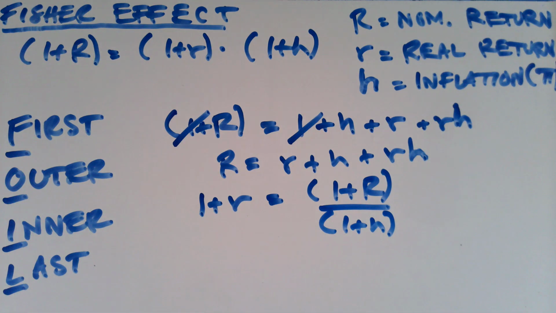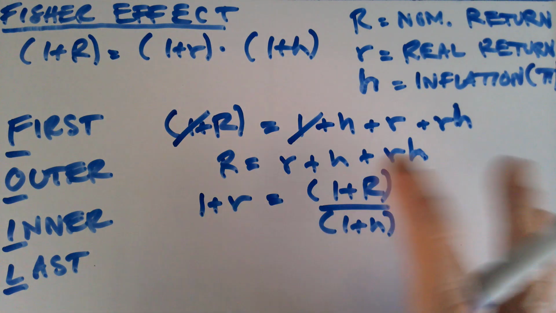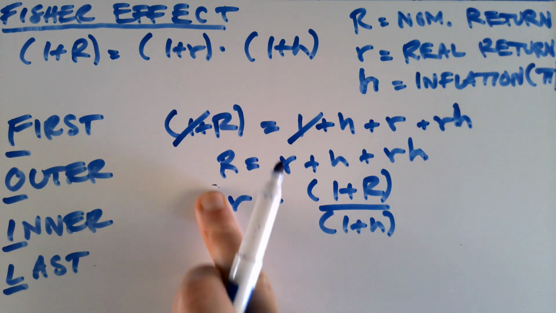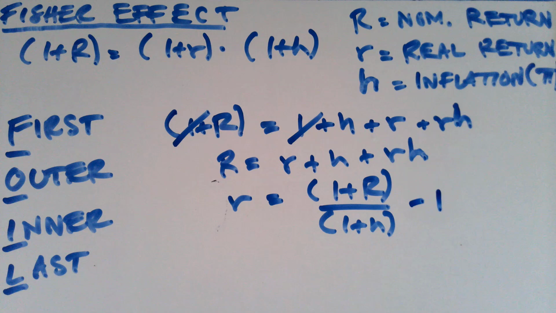Okay, notice that I've switched sides there, but all I really did was divide both sides by 1 plus h. And so now we are left with 1 plus little r is equal to this fraction over here. And all I need to do to get little r by itself is to subtract 1 from both sides.